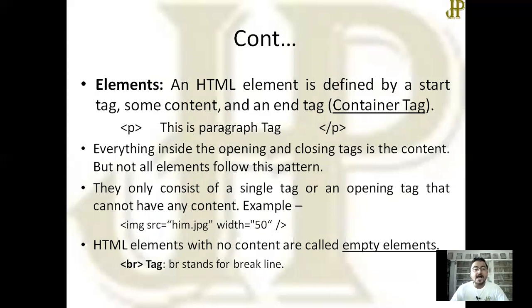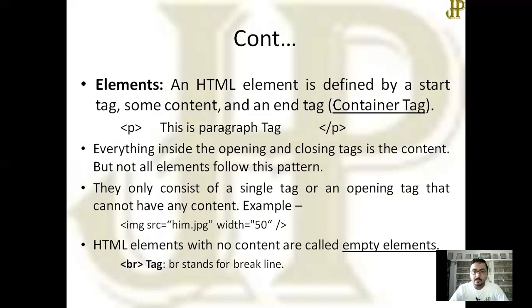Next one is element. Element is nothing but the content that has a start tag, some content that we want to display on the web page, and the end tag. This combination is known as one element of the HTML or one element of the web page.